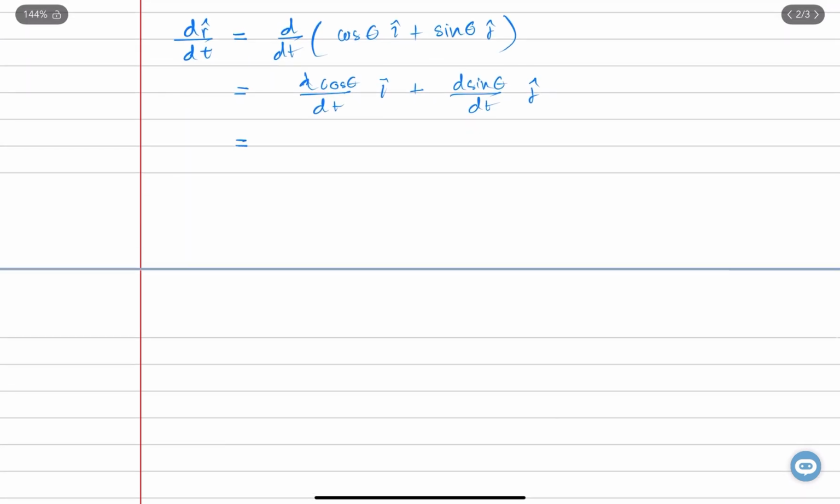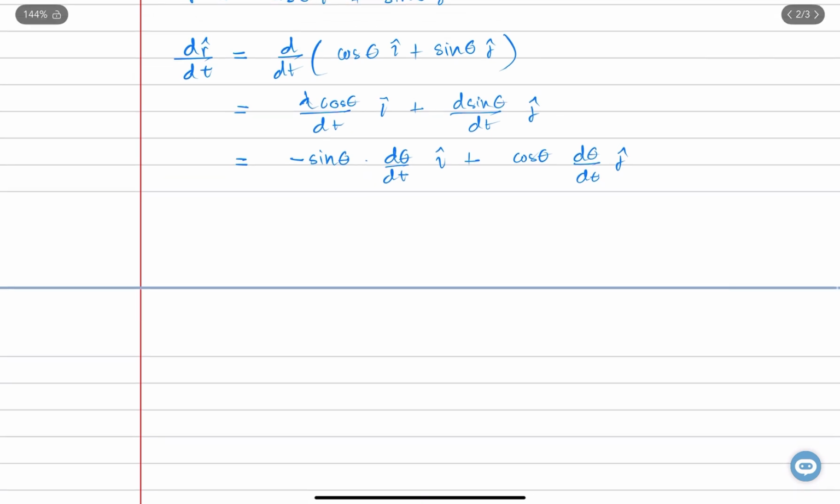And now d cos theta dt, well, the derivative of cos theta with respect to time, is minus sine theta multiplied by theta dot, or d theta dt, right? We need to use the chain rule here, plus cos theta d theta dt times j hat.